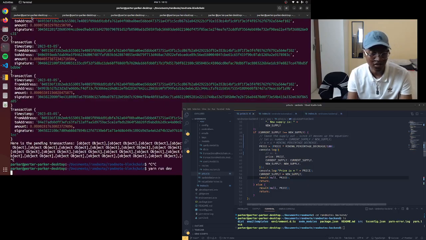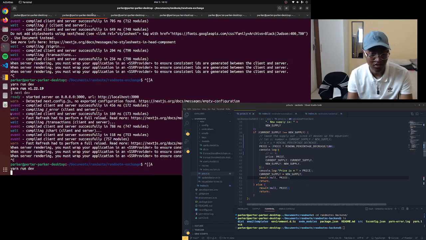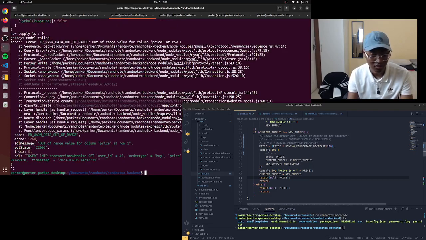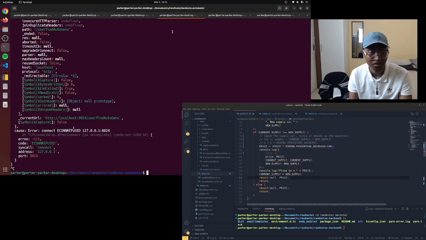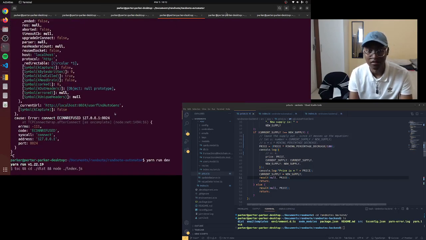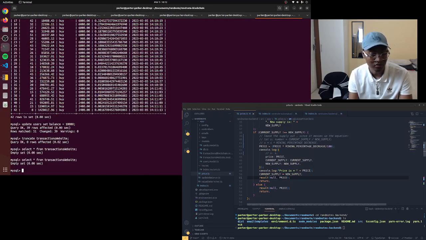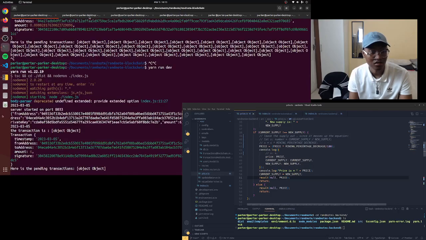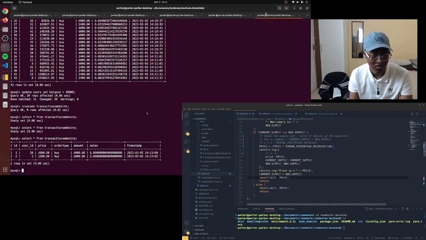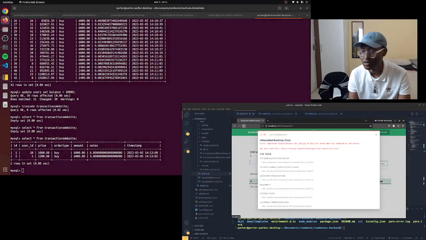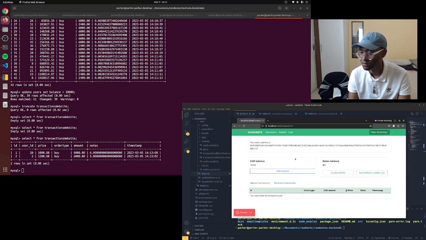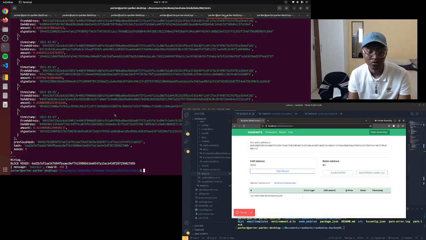Start the blockchain, start the front end, start the back end, and start the automator. Select all from transactions. Nothing is working yet. Okay, there we go. So I'm gonna restart or refresh this. Okay, so it should be working now.